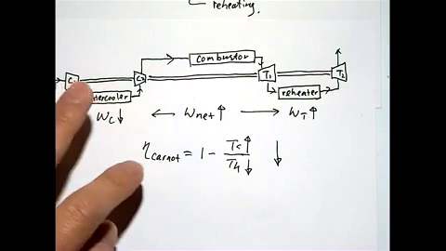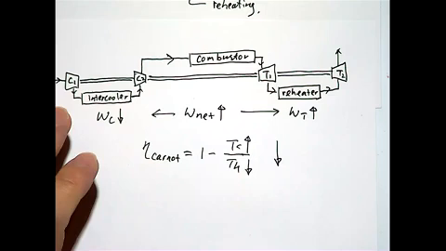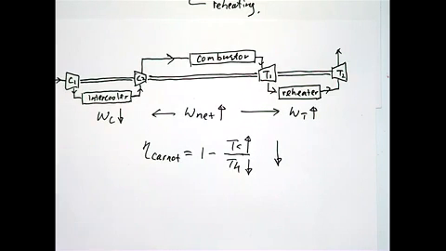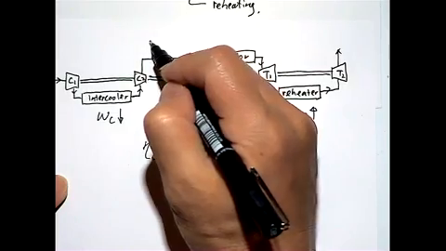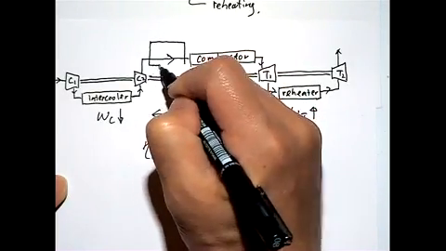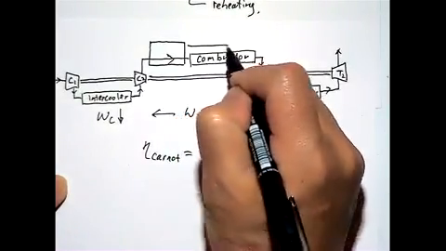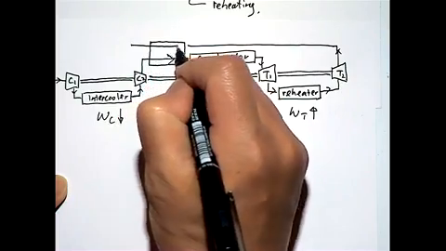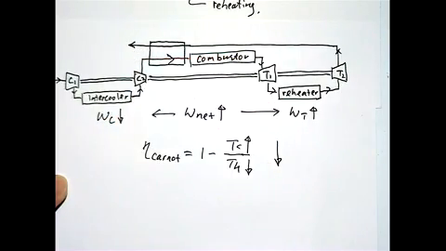So that's why when you're using an intercooler and/or reheater, you always want to use the regenerator to make up the efficiency loss. That's why I leave some space here, so that we can add the regenerator here.